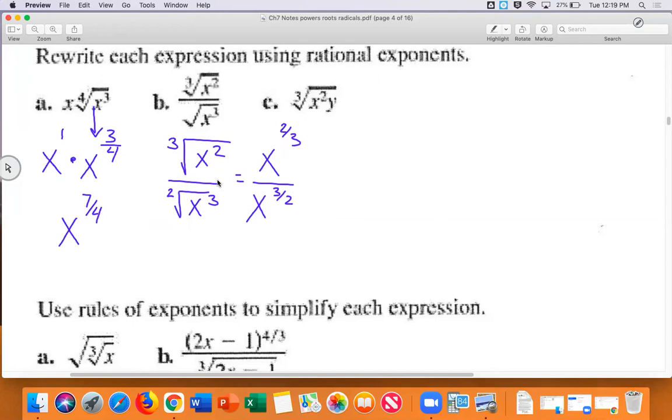Okay. Nikki Grantland, what do I do when I'm dividing powers? When I multiplied, I added. When I divide, I subtract. So on your calculator, can you do 2/3 minus 3 halves? 2/3 minus 3 halves.